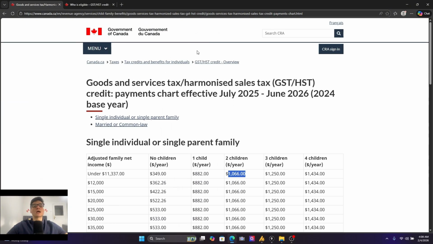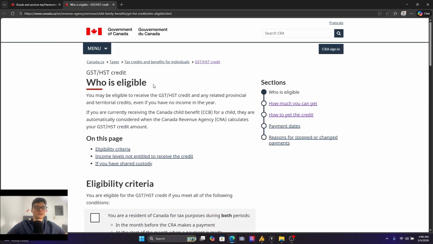And the reason why the GST HST credit is a thing is the point of it is to help low income earners not have to pay the GST HST that they usually do on all goods. So essentially, this is like giving back the money that you pay on GST in your daily life, whether it's groceries, electronics, anything like that, where you're paying GST, HST for, they're saying, okay, well, if you're a low income earner, you're going to get it back.